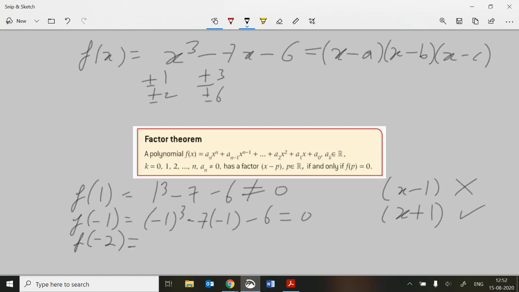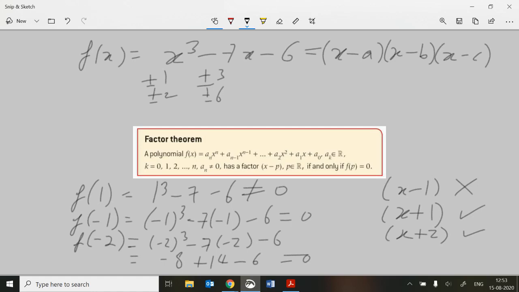I think this is the factor, you see, so I'm skipping a step. So we'll say minus 2 to the power of 3, minus 7 lots of minus 2, and then minus 6. So that's giving us minus 8 and plus 14 and minus 6. And yes, I can see that one's giving us 0. So that means to say that x plus 2 is also a factor.